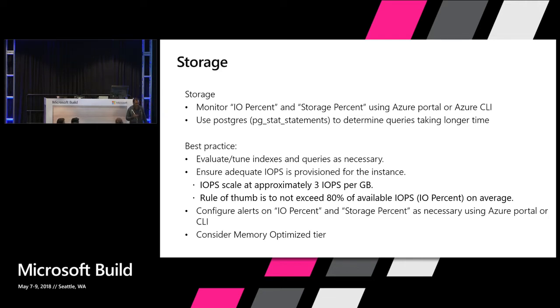Basic has 2 GB of RAM per vCore, general purpose has 5 GB, and memory optimized has 10 GB. So if you have applications that have higher user concurrency, that need to open more connections, or need to cache more data, the memory optimized tier works out the most optimal to run your workloads.